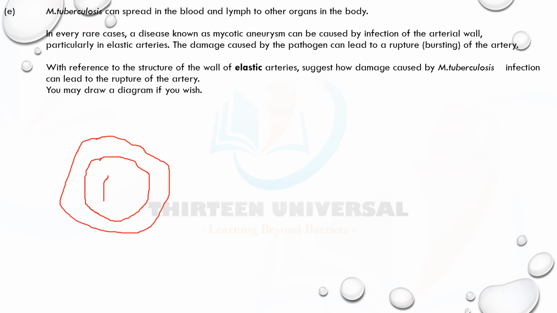Elastic fibers have two major functions. Number one, they maintain the high pressure by stretching and recoiling, so they maintain high pressure in blood vessels, in an elastic artery like the aorta.